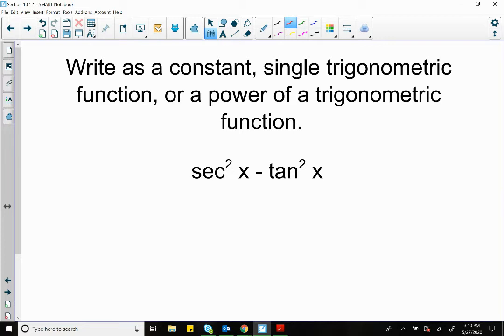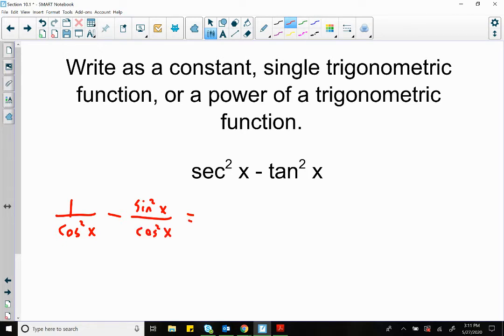So we know that secant squared is really just 1 over cosine squared x. And then we're subtracting. Tangent squared, as sines and cosines, is sine squared x over cosine squared x.